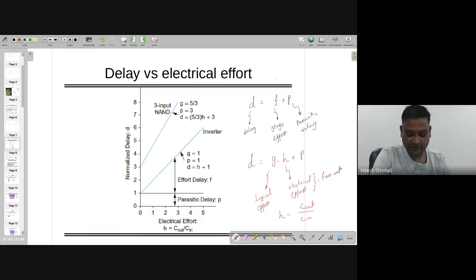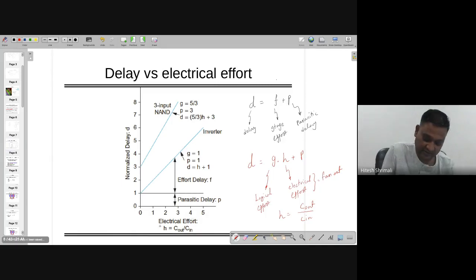Okay, so if I am drawing the electrical effort, where H is actually changing, electrical effort is C out by C in. So as C out by C in is increasing, means C out is increasing. Let's assume that C in is the same, but C out is increasing. Then what is happening to the normalized delay?